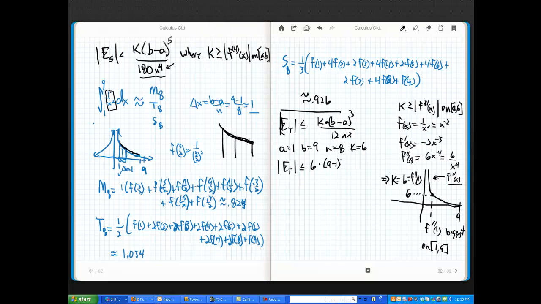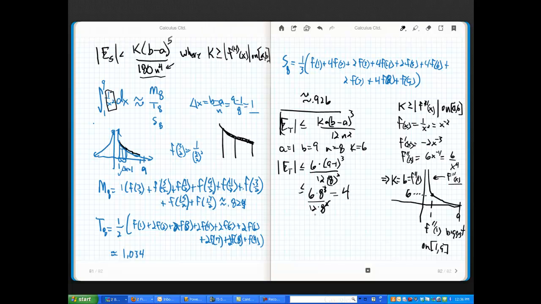We got 9 minus 1 cubed divided by 12 times what? 8 squared. True? So this is going to be less than or equal to 6 times 8 cubed divided by 12 times 8 squared, right? And this is equal to, you can tell, 8 squared goes away. This is 48 over 12, affectionately known as 4.